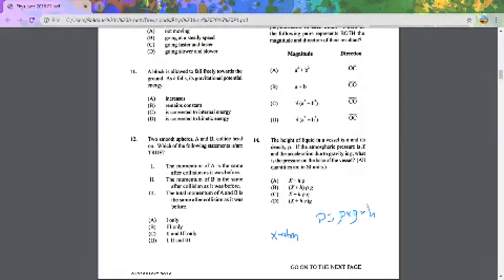And what we'll do with this equation now is add rho g h, which is the pressure due to the fluid alone on the base of the container, to x. So we should have something like x.